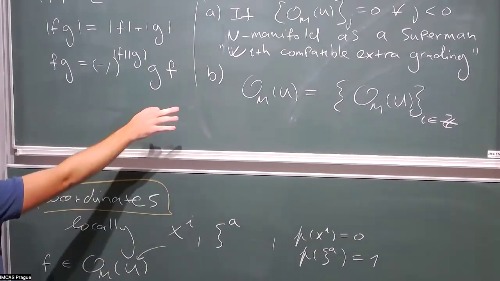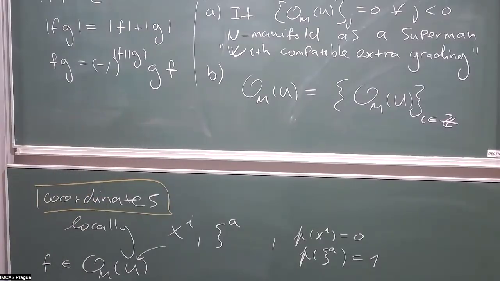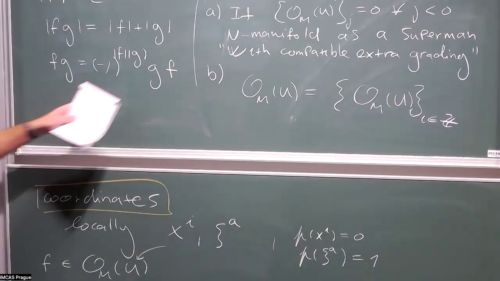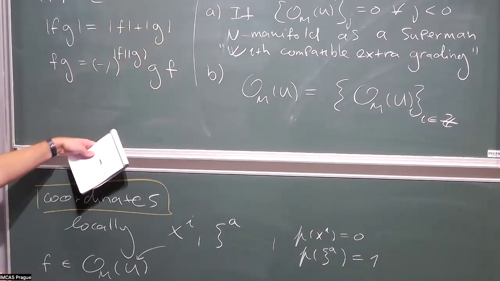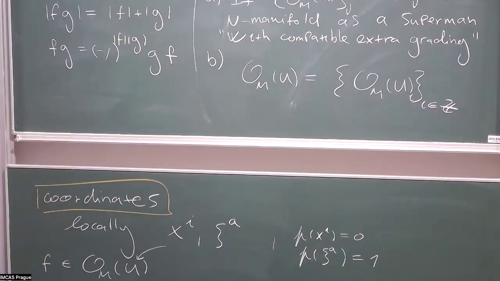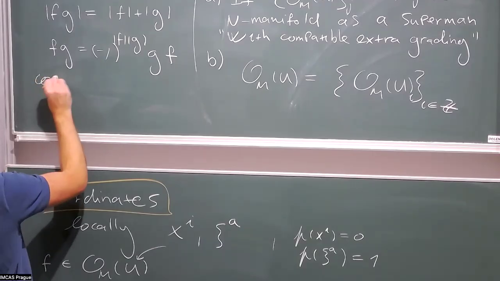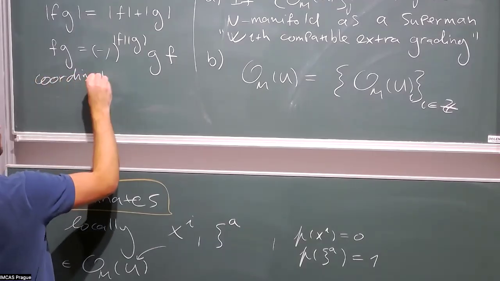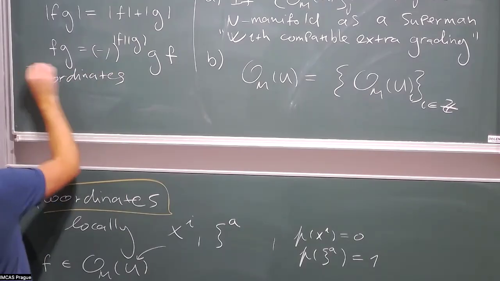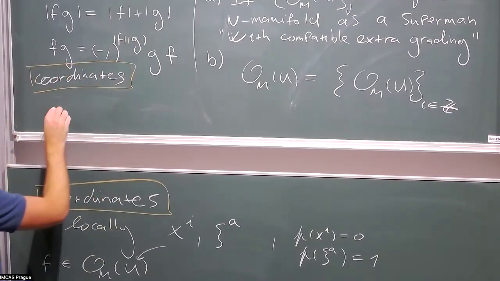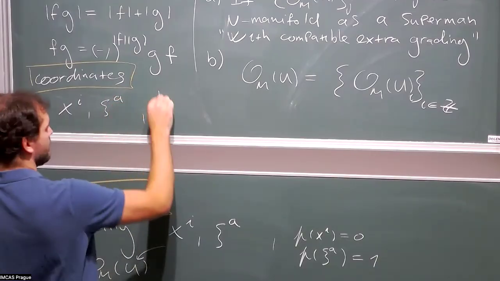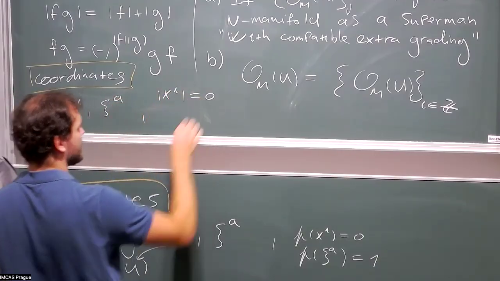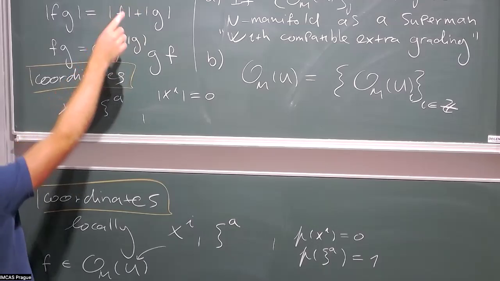Maybe I'll write here that due to the possible presence of negative degrees here. Okay, first thing, there are also coordinates here. Once more, we have coordinates. Once more, they are written, not surprisingly, as this, where the xi's have degree 0 and again have the role of the regular coordinates.